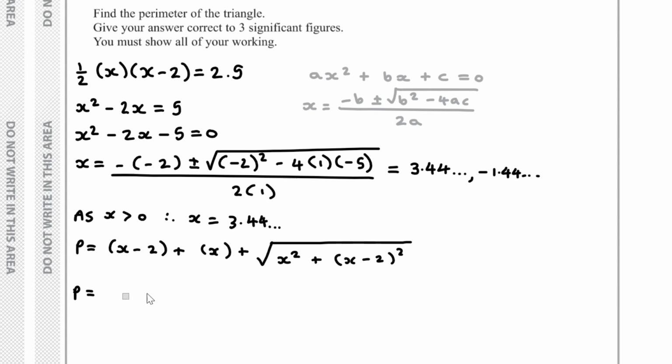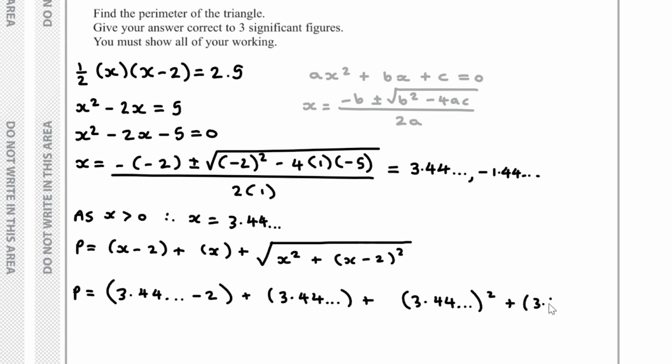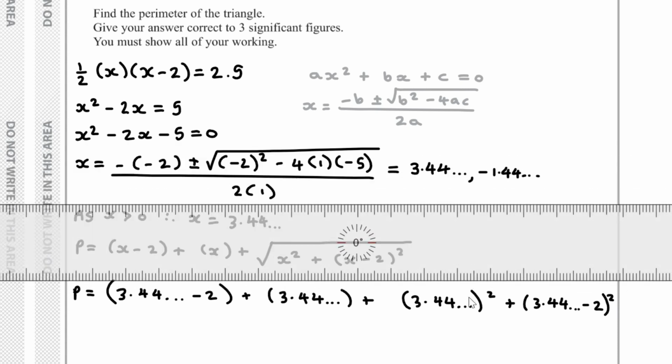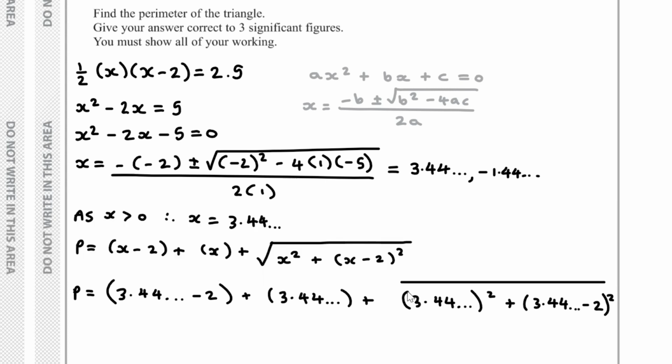Well, actually, let's just write it as a decimal. We have 3.44, etc. minus 2 plus 3.44, etc. plus the square root of 3.44, etc. squared plus 3.44, etc. minus 2 squared.